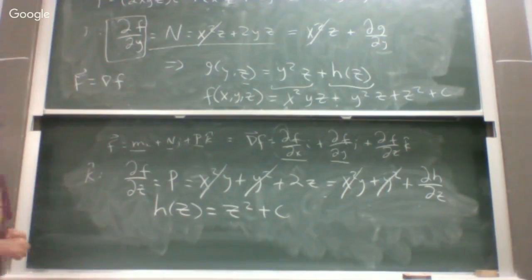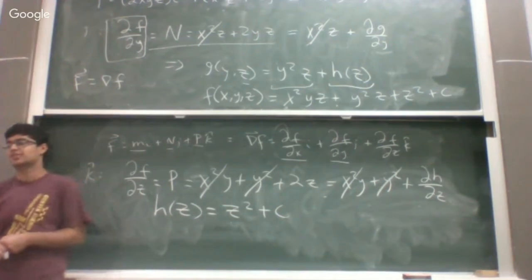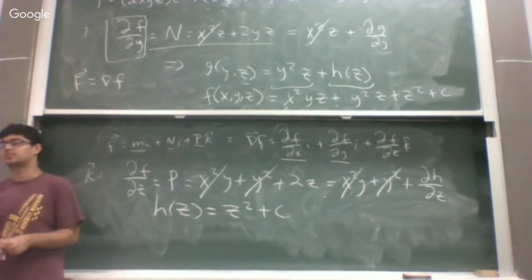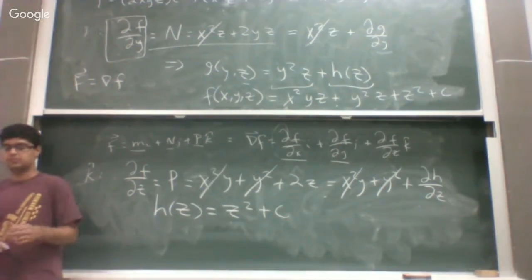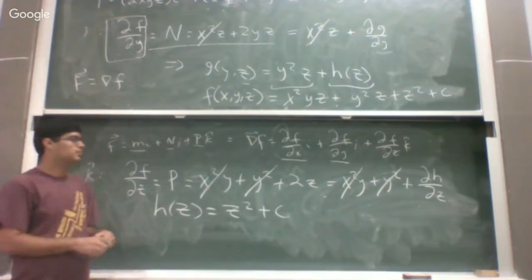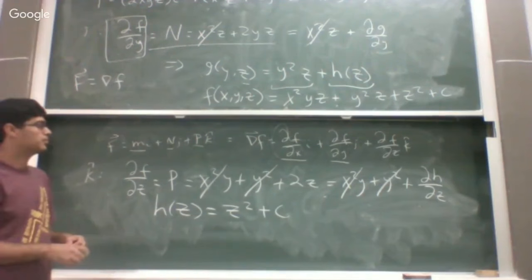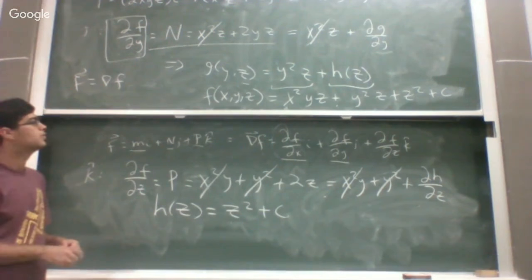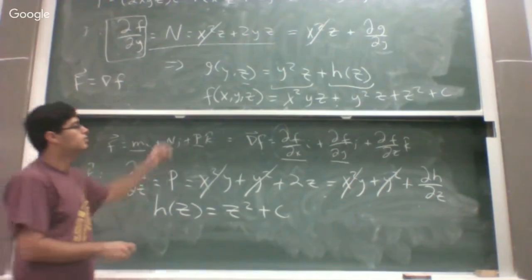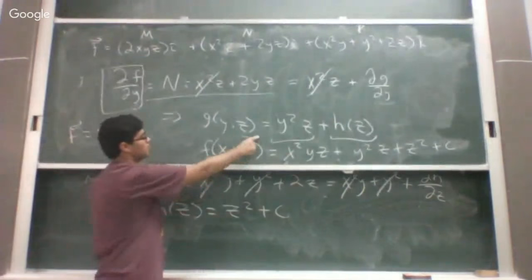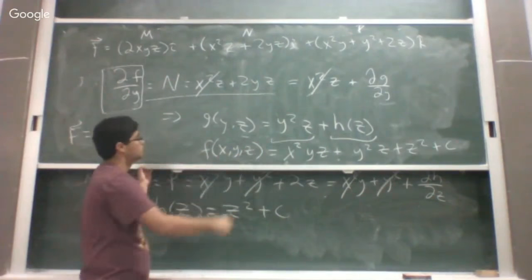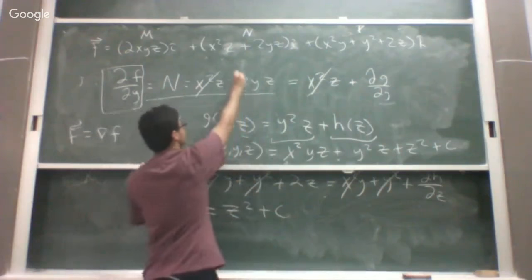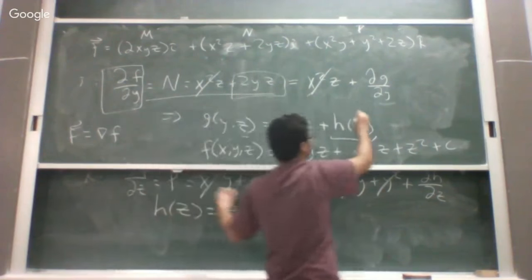Any questions so far on that? Could you go back to the j part? Why is g of yz equal to y squared z plus h of z? This part? Yeah, that whole step right there. Well, we know now this is equal to this.